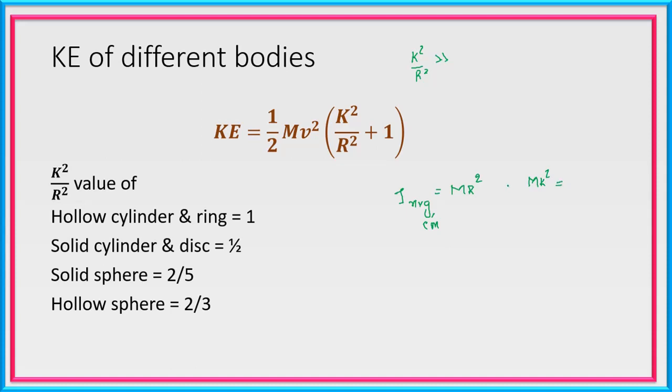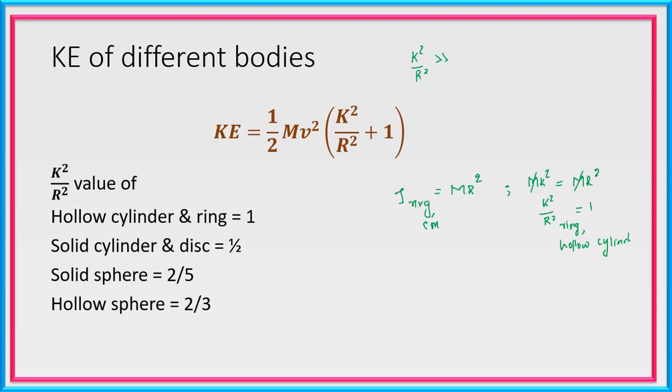Therefore, we can write mk square is equal to mr square for a ring. Therefore, we can just cancel it out and write the k square by r square value of a ring is equal to 1. This is the same for a ring and also for a hollow cylinder.